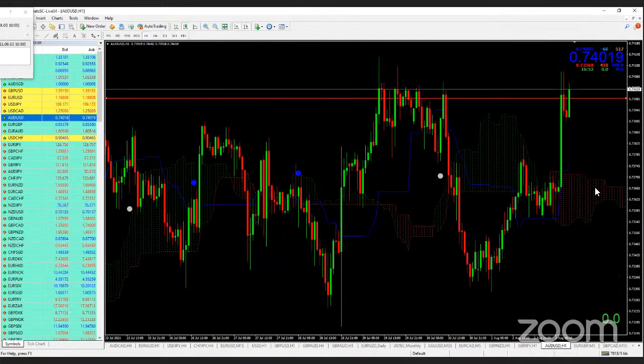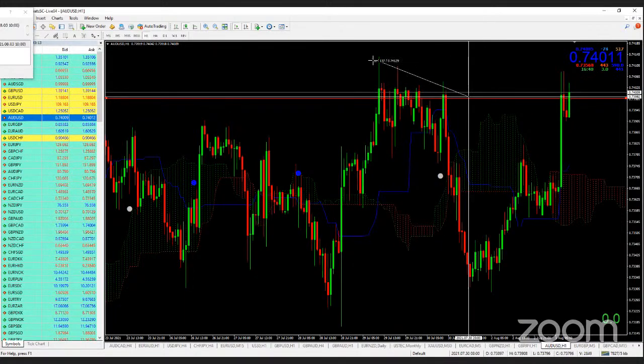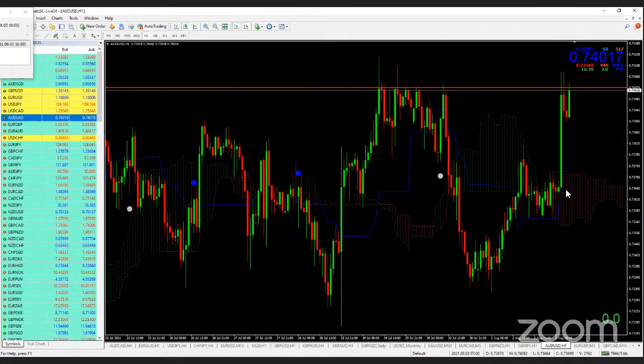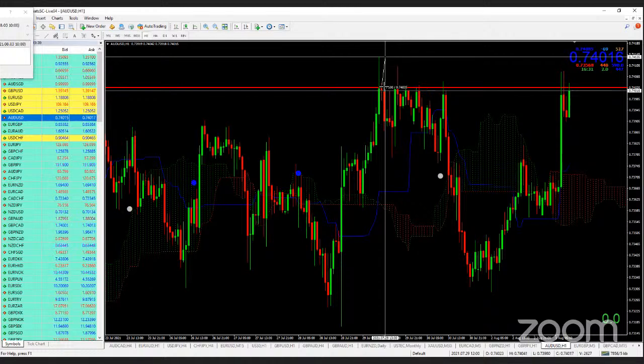Okay, this is the 1 hour time frame. When it comes to marking up your charts, when it comes to different levels of support and resistance, I do factor in the weeks.